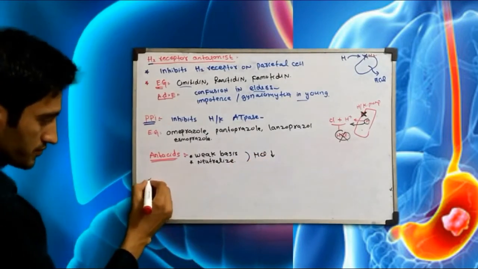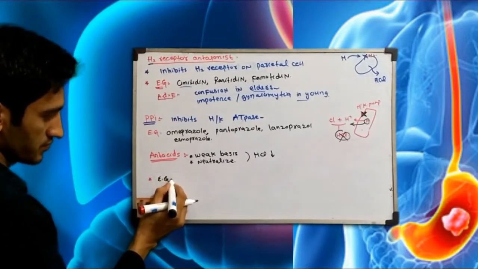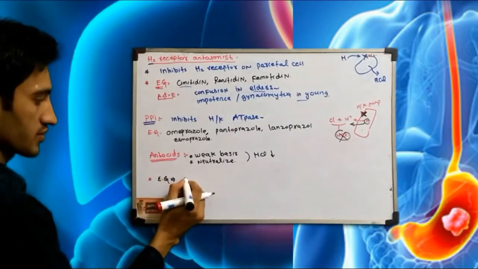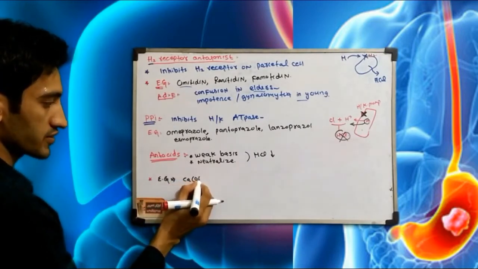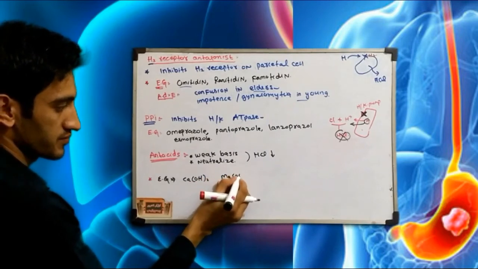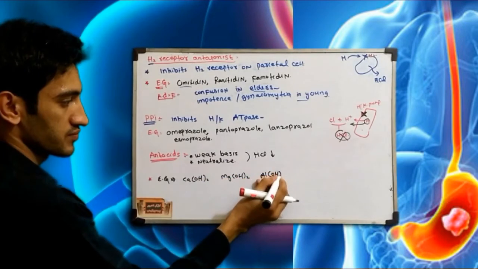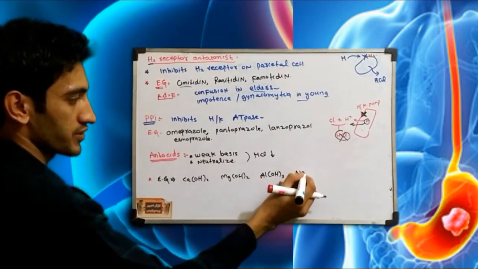Examples include calcium hydroxide, magnesium hydroxide, aluminum hydroxide, and sodium bicarbonate.